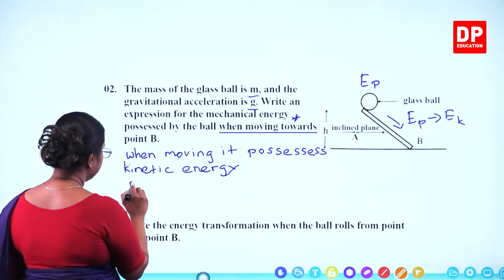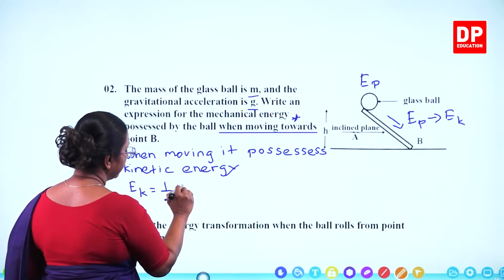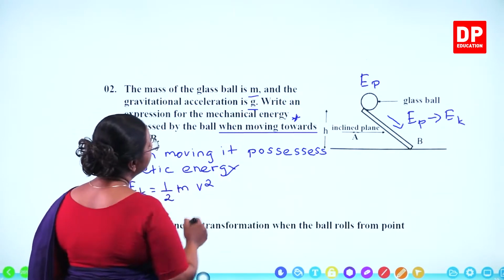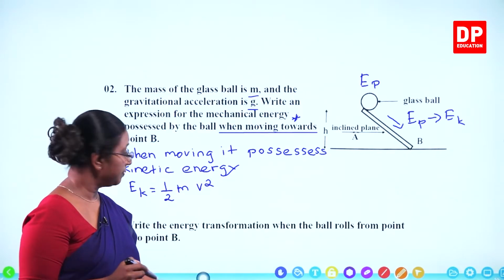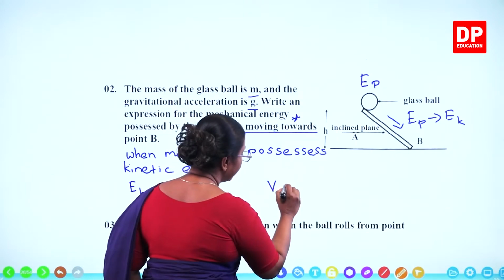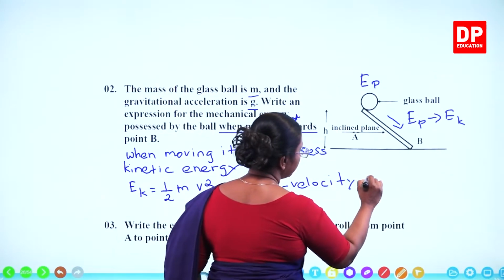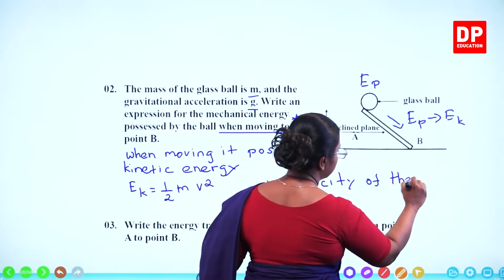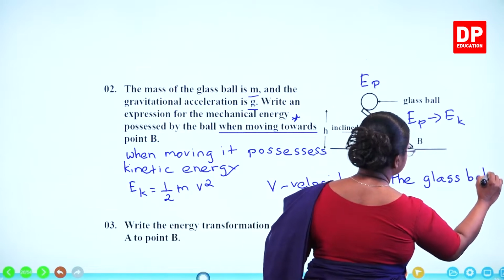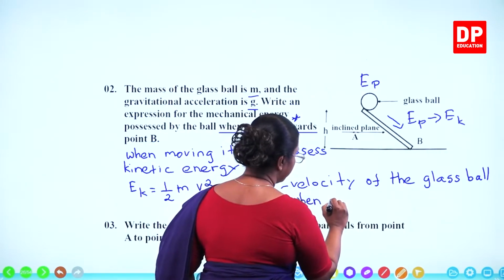So that is E kinetic equals half m v squared. They have given m, they have given g, but they have not given v. So that means we need to define v as the velocity of the glass ball when moving.